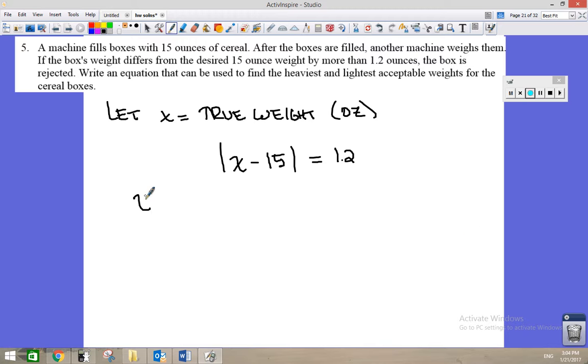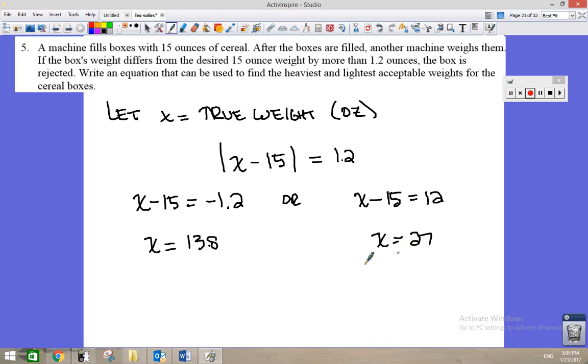So we've got two equations. X minus 15 is negative 1.2, or X minus 15 is positive 1.2. We know how to solve absolute value equations. Let's add 15 to each side. Is that 13.8? And is this 27? And these have units of ounces.